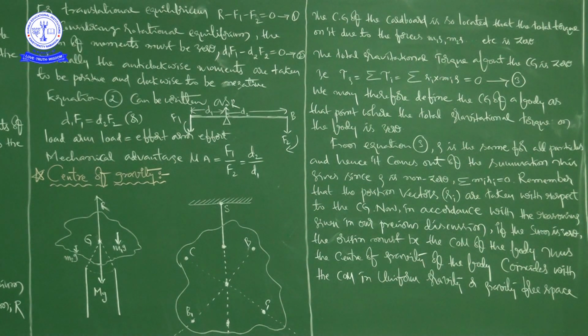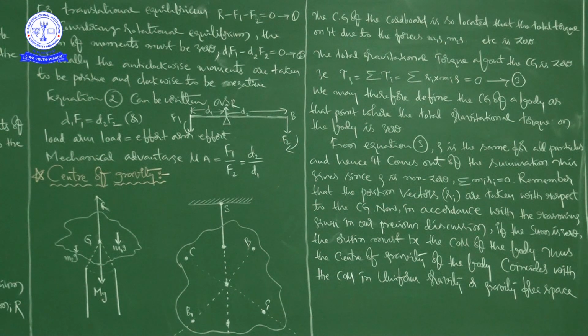If you make the irregular body rotate, I will come to that point. But now what I am saying is, if you are holding an object at the tip of your finger or at the tip of the pencil, it will be in both translational and mechanical equilibrium, and now we can say it is in rotational equilibrium.